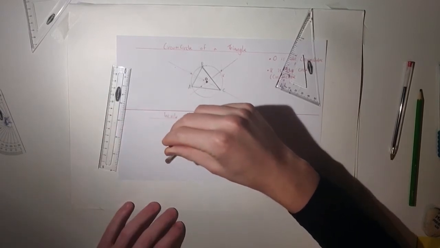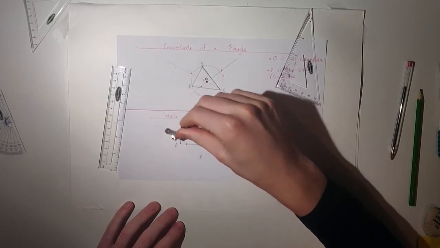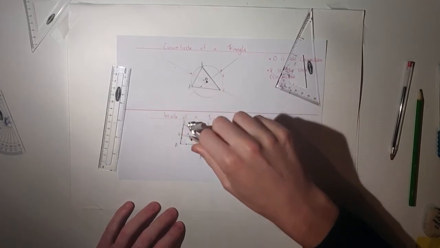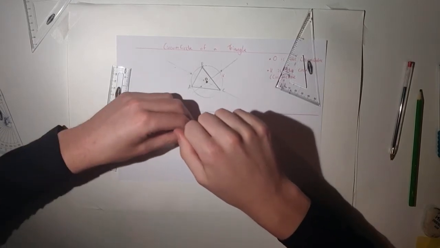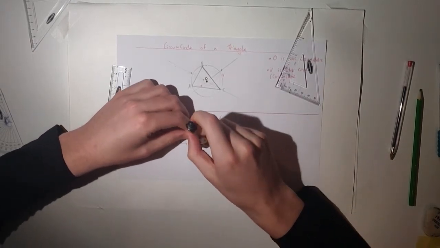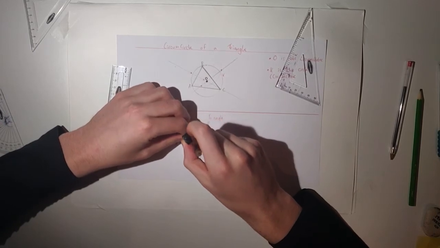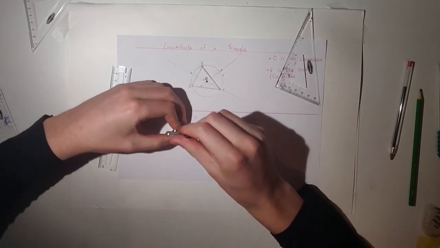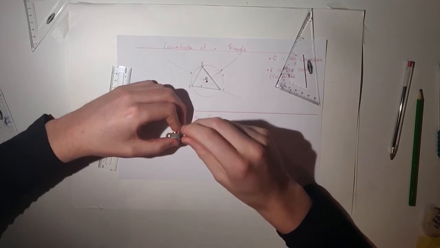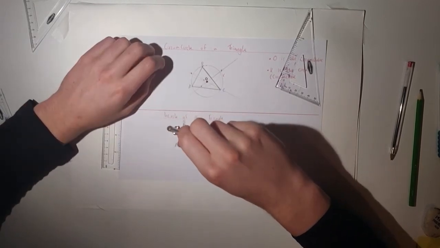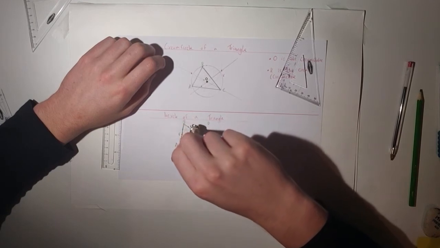So now, forgive me if it doesn't look fantastic. You can see it kind of gets a bit lost on, let's say, B and C. I'm not the best person in the world with a compass.